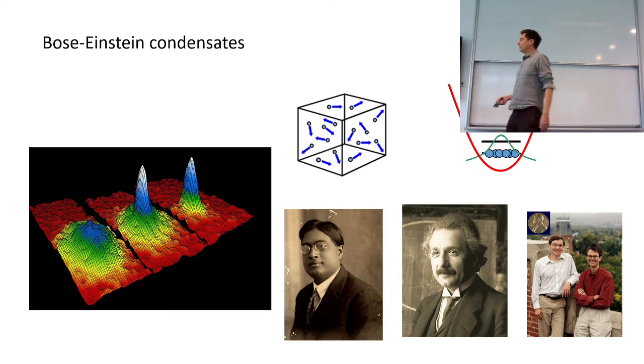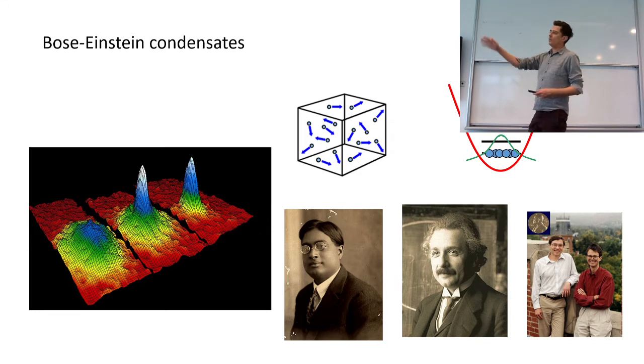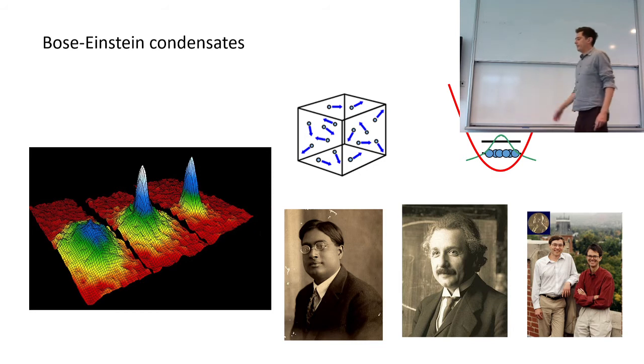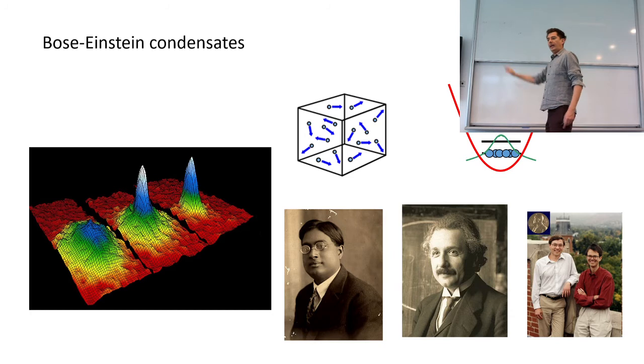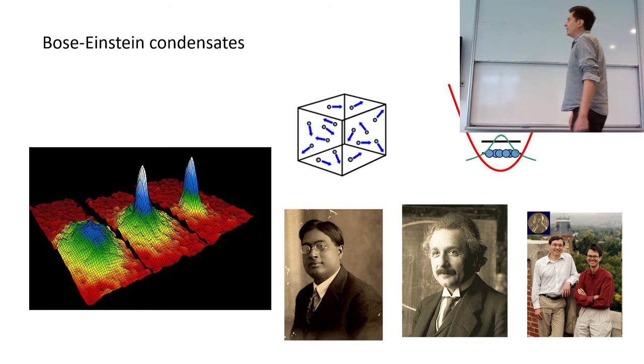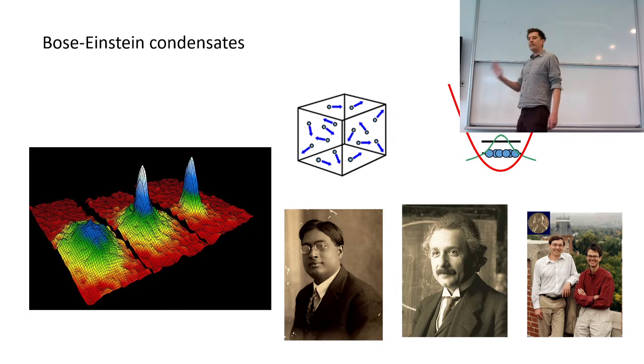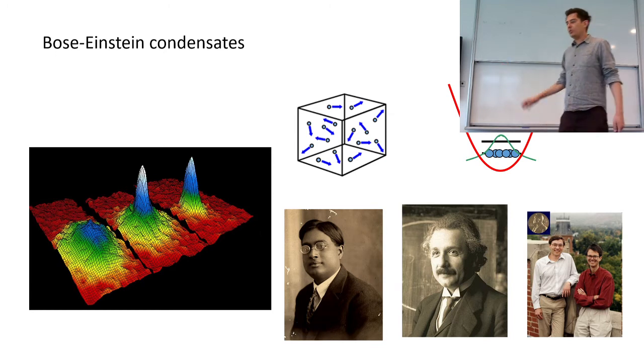Because the waves of all the photons go spontaneously in phase. And this is the atom version of that. We know that lasers are very useful for various technologies, so it's reasonable to expect that maybe the atomic version will also be quite useful.